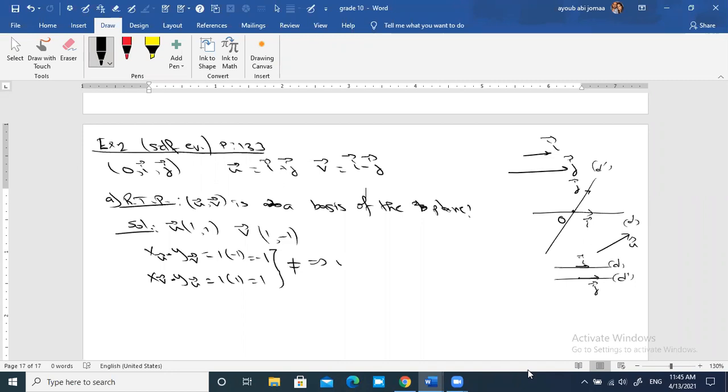It means that u and v don't have the same direction. It means that these two vectors form a basis of the plane. (u, v) is a basis of the plane.